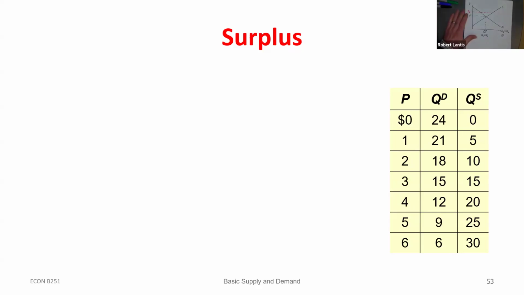Well, if the price is higher, just intuitively, before we even think graphically, if the price is above this equilibrium point, what's that going to do to my quantity demanded? Higher prices should decrease it. What's it going to do to my quantity supplied? More people are going to want to supply it at higher prices. Well, the graph tells us that. If we had this hypothetical price, what ends up being true?